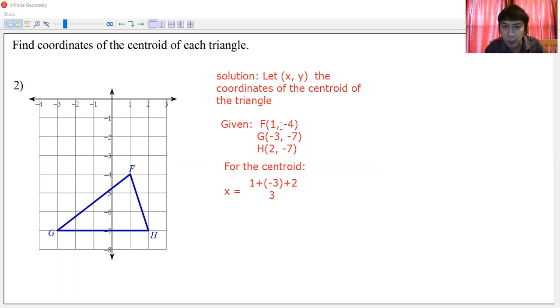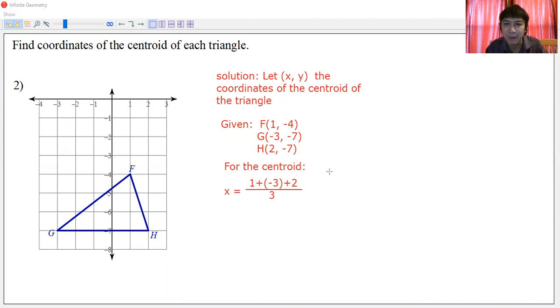It will come from the numbers here. The first values are the x values. Remember, it's always x comma y. So 1, negative 3, and 2, those are added and then divided by 3.